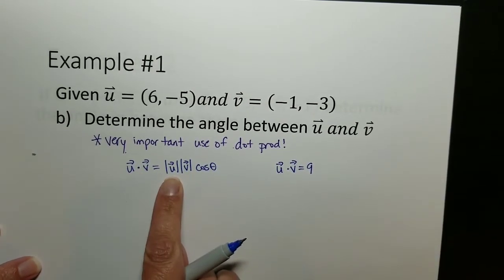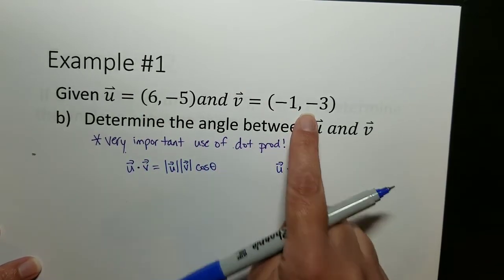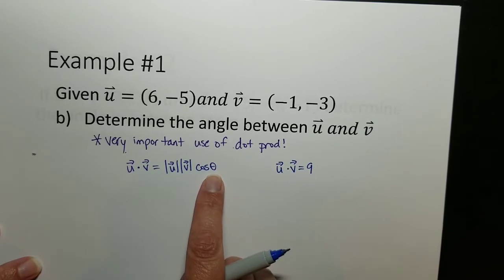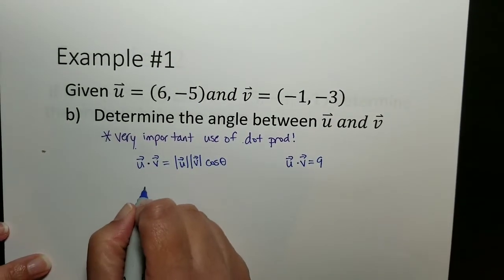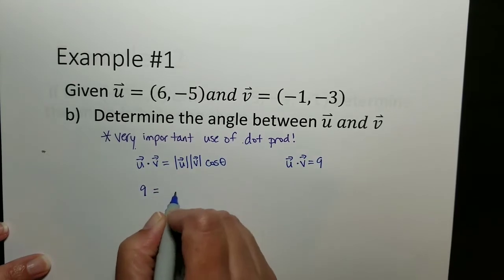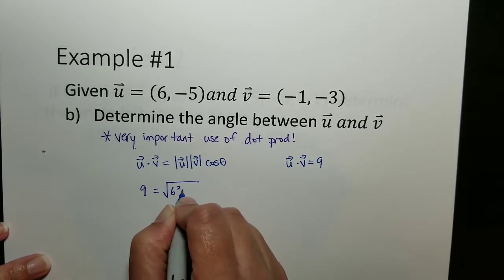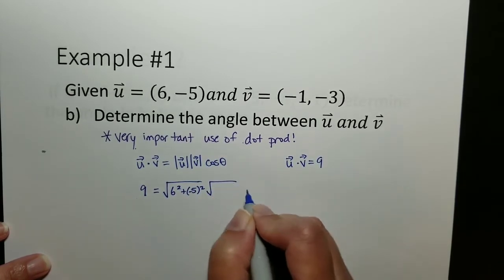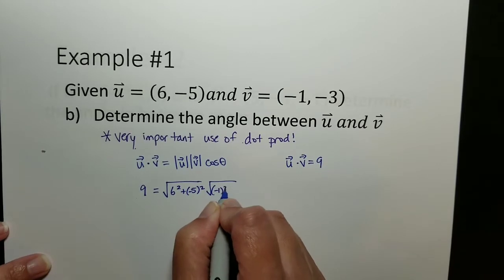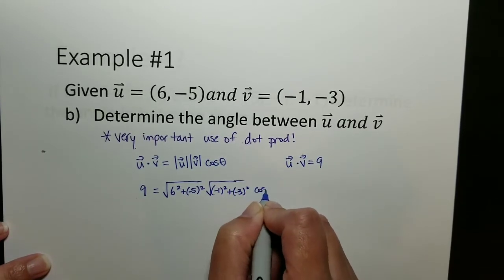We can find the magnitude of u and the magnitude of v using the magnitude formula, and then we can solve for cos theta. So 9 equals, the magnitude of u is the square root of 6 squared plus negative 5 squared, and the magnitude of v is the square root of negative 1 squared plus negative 3 squared, times cos theta.